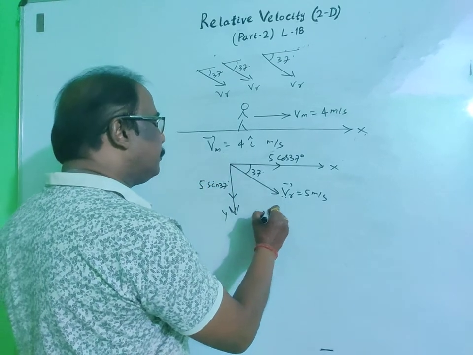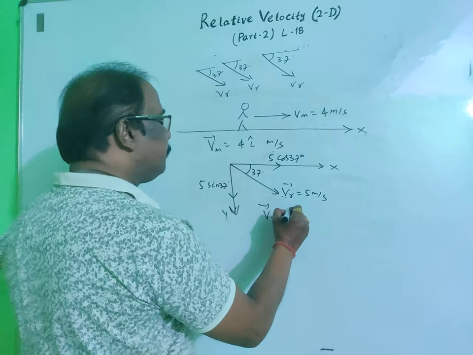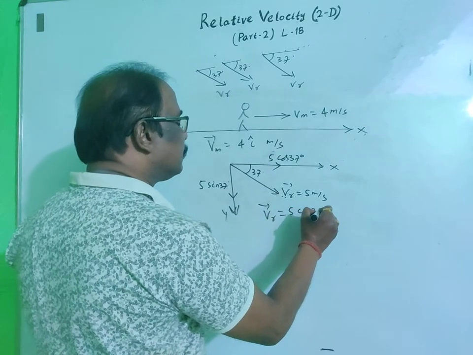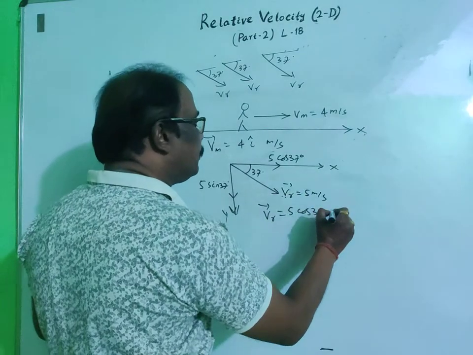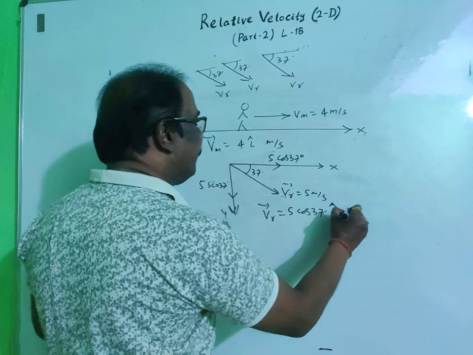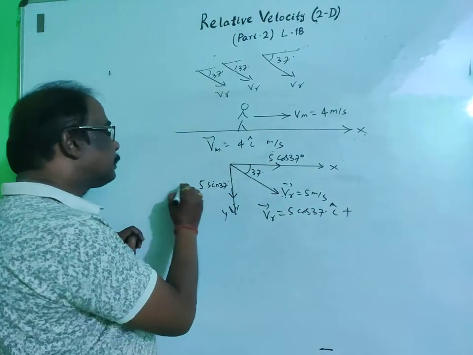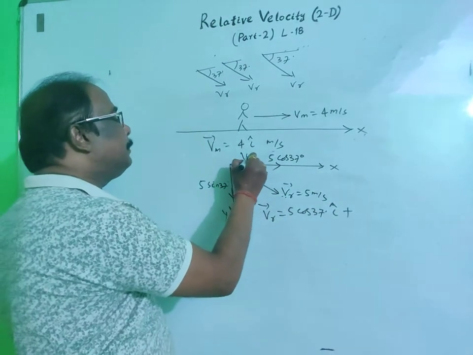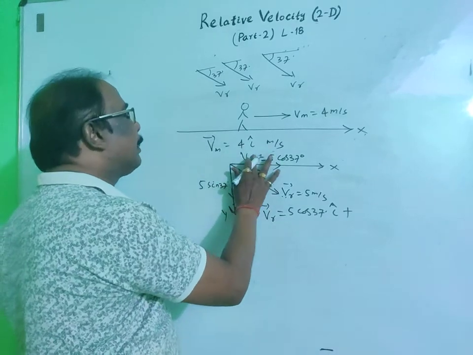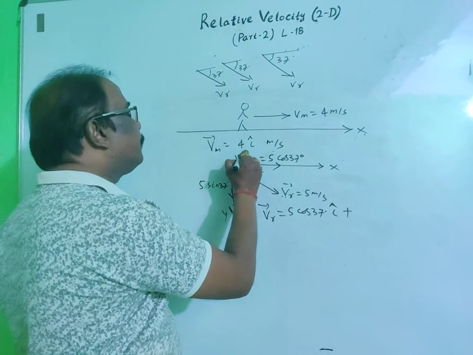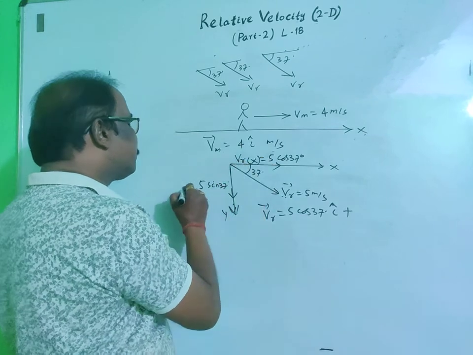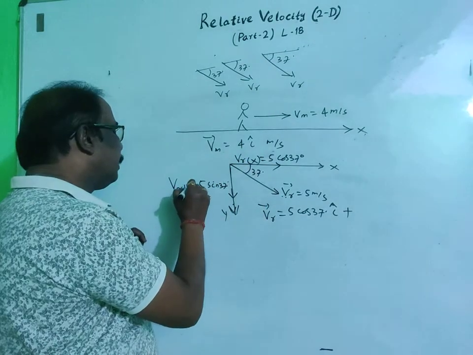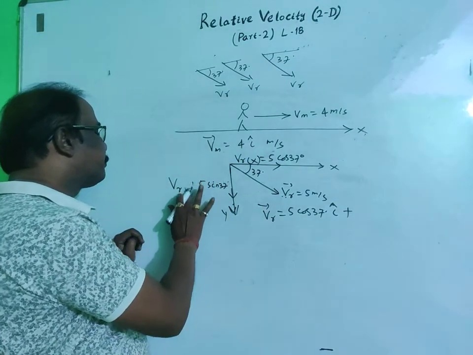Then in vector form, VR is equal to 5 cos 37 degree along positive x-axis, i cap, plus 5 sin 37 degree, direction is minus j. This is Vrx, velocity of rain along x-axis, this is velocity of rain along y-axis.